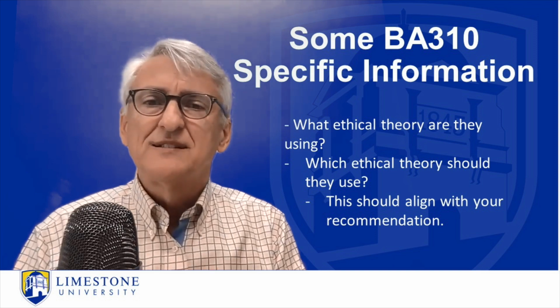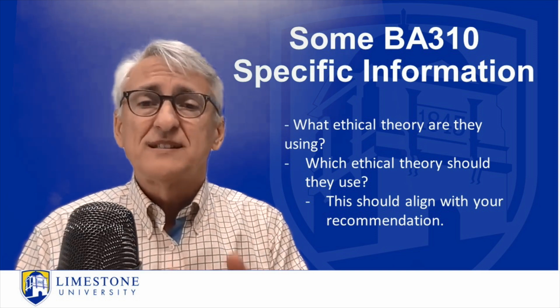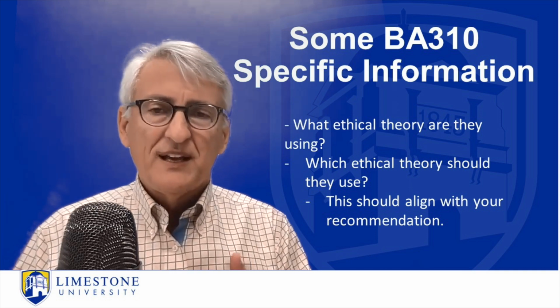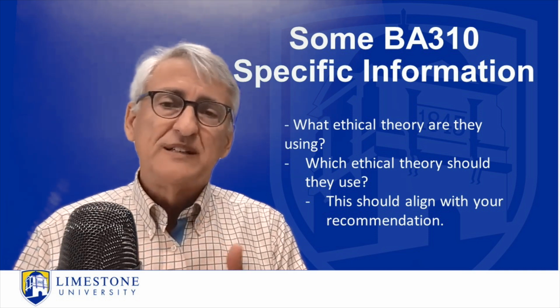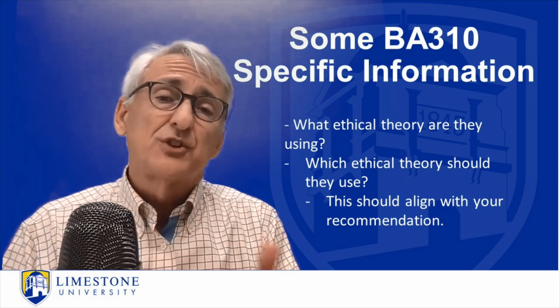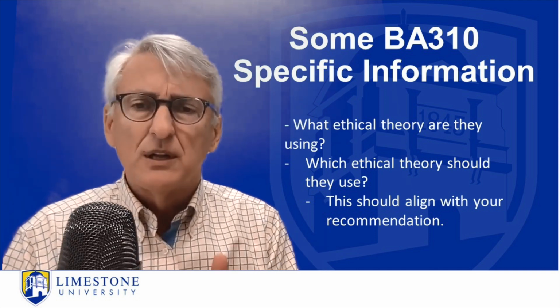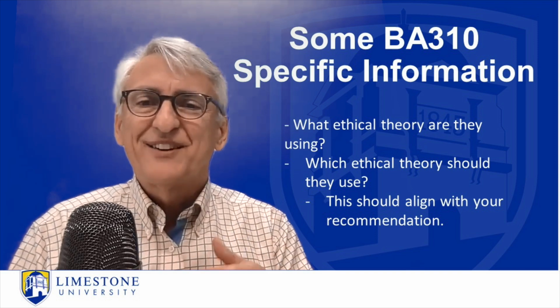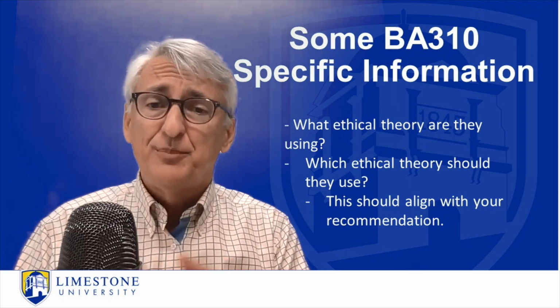There are some specific things that are in the syllabus for this class on business ethics. And the first one is you're being asked to identify which ethical theory you believe the business is currently using or the university is currently using. The second one is, what ethical theory do you think they should be using?